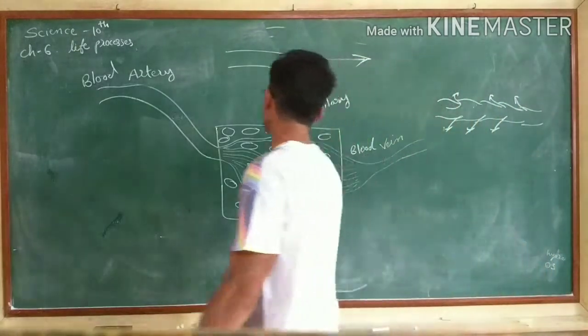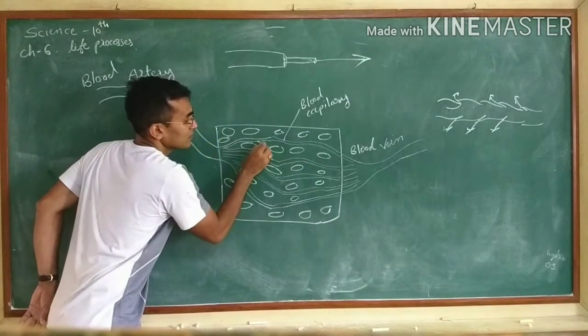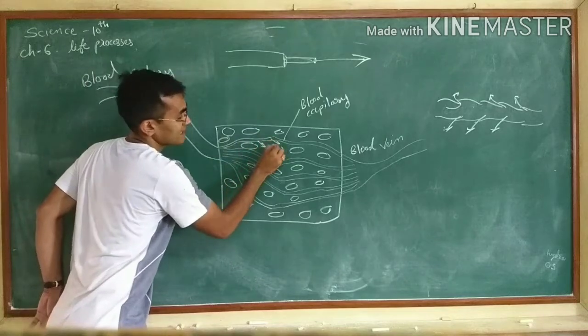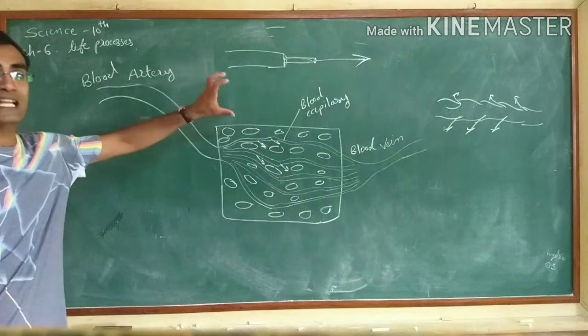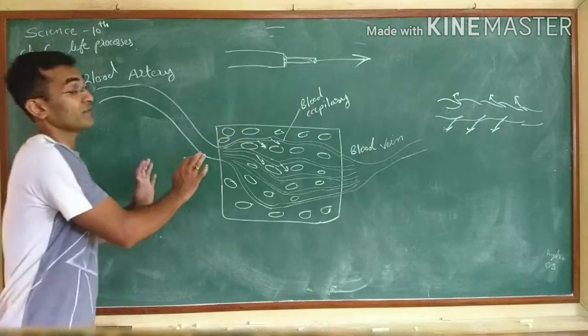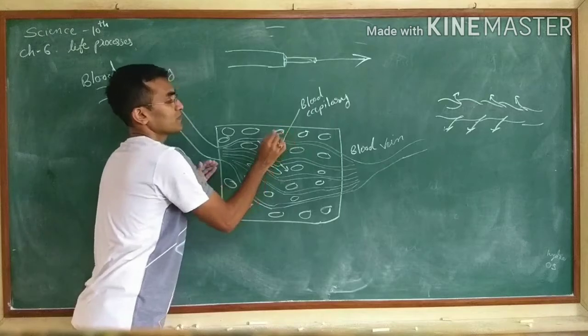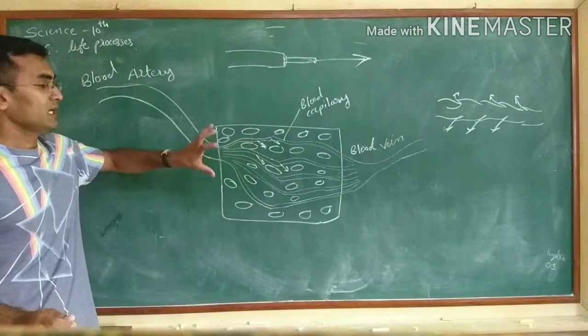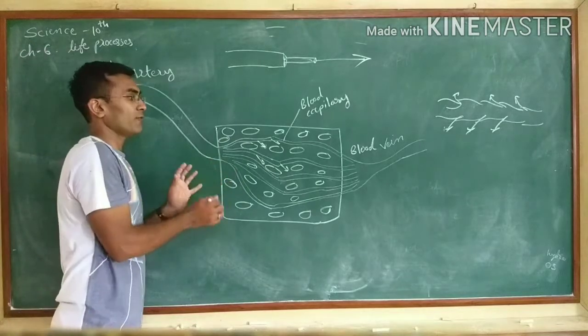Now what will happen? These blood particles come into the interstitial space, the intracellular space. Why is it intra? Because it is inside, in between the cells. That is why it is called the interstitial fluid, or we can say the intracellular fluid.